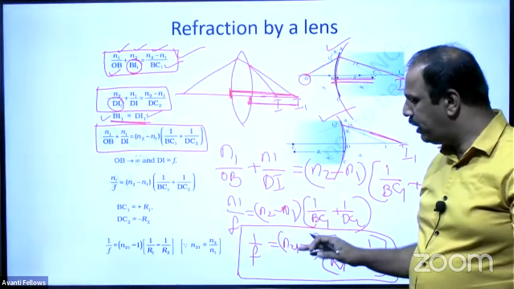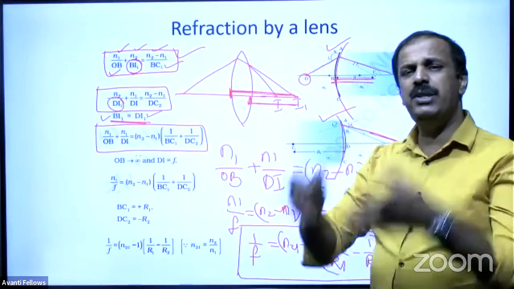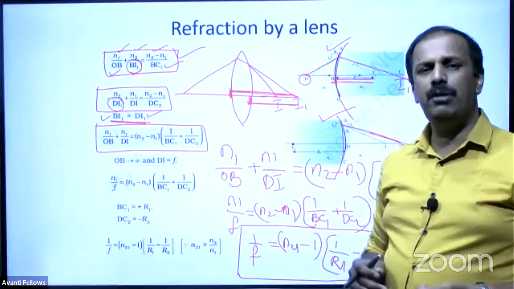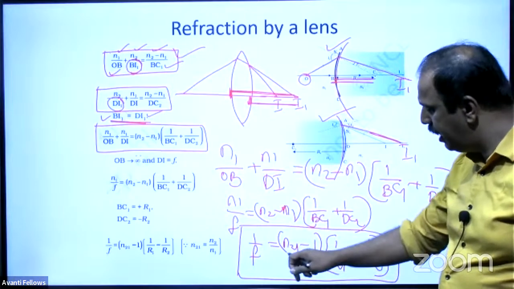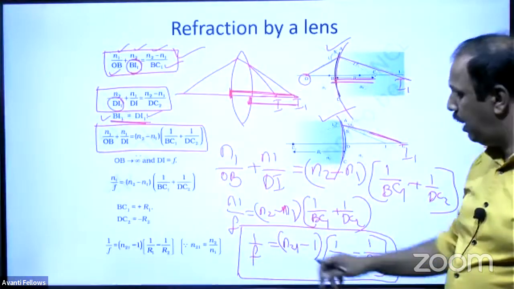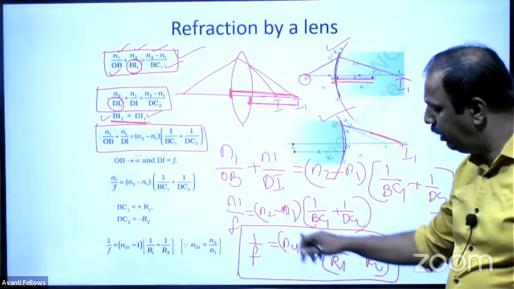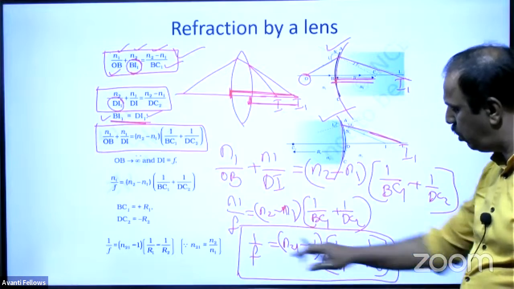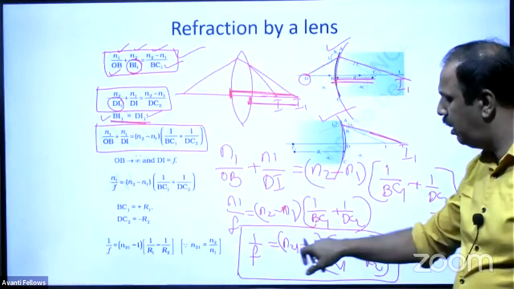That is, when you have a lens and that lens is immersed in water, what will happen to the focal length? When you immerse that lens in water, this N21 will change and become a different value. This one remains the same, so when you divide, you can cancel, and only this ratio remains.